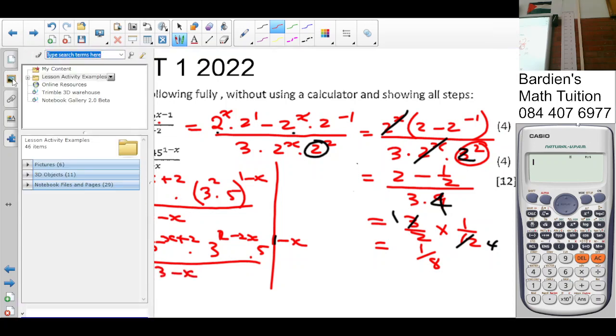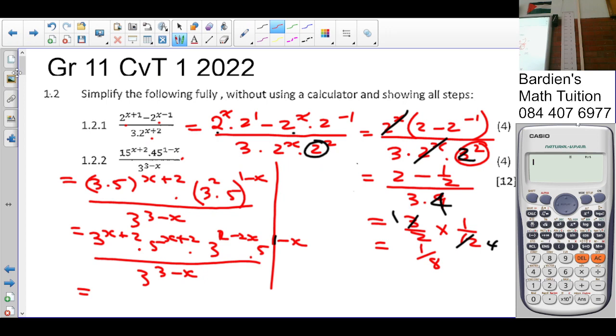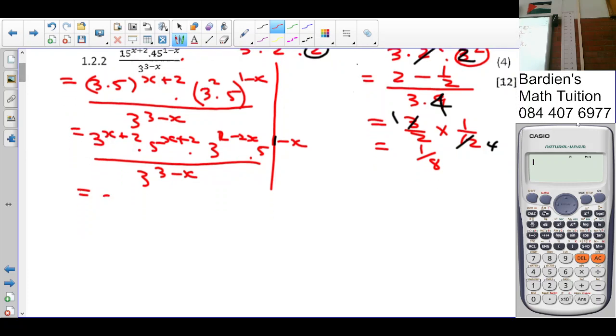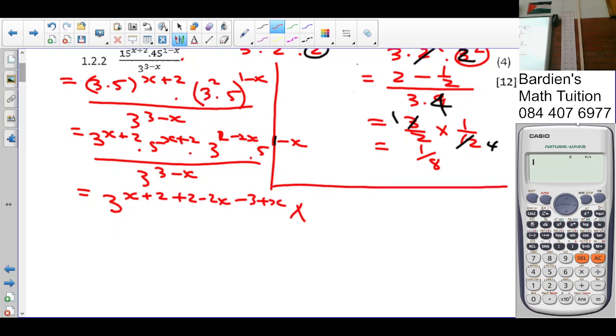So what do we do now? You're multiplying and the bases are the same, so you add the powers. When you divide, you subtract the powers. For the 5s, you have x plus 2 plus 1 minus x.